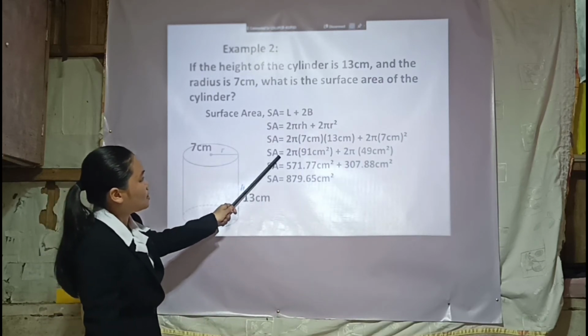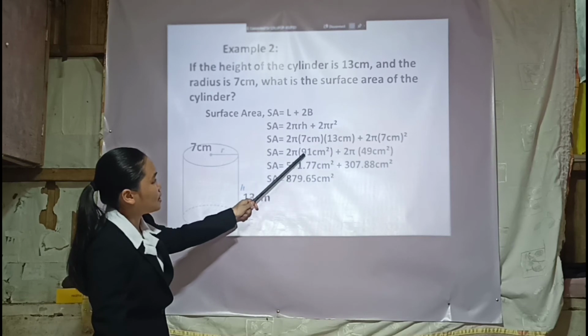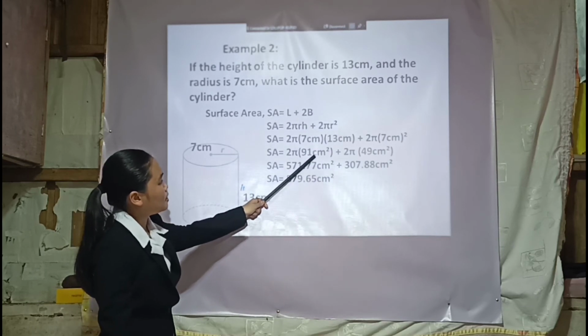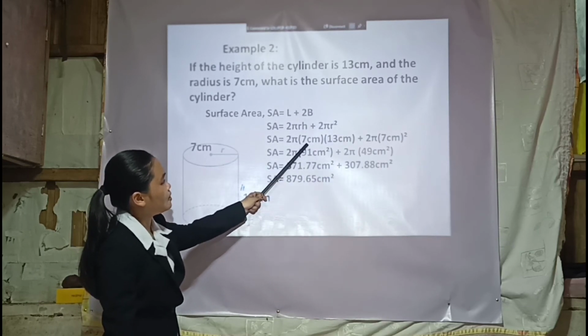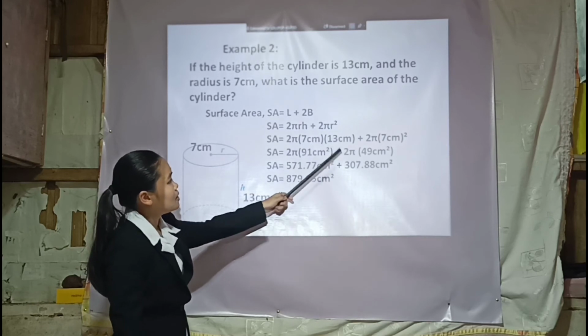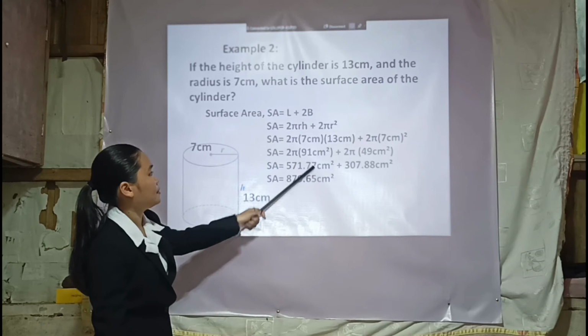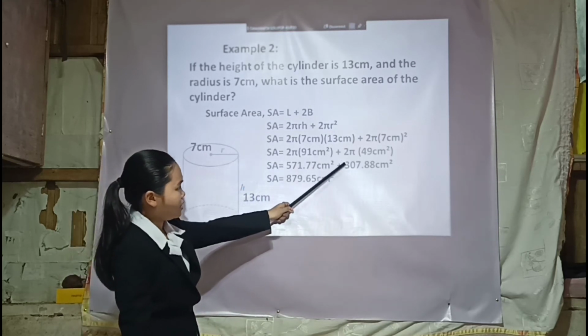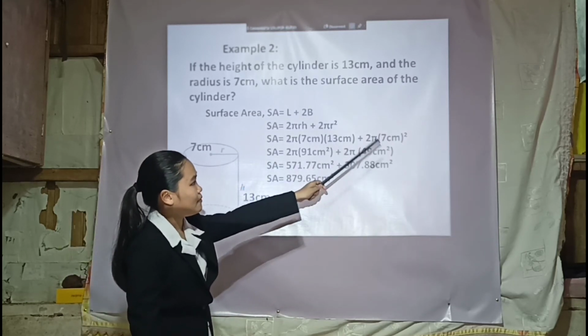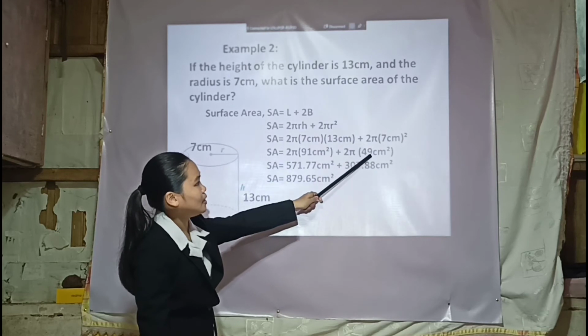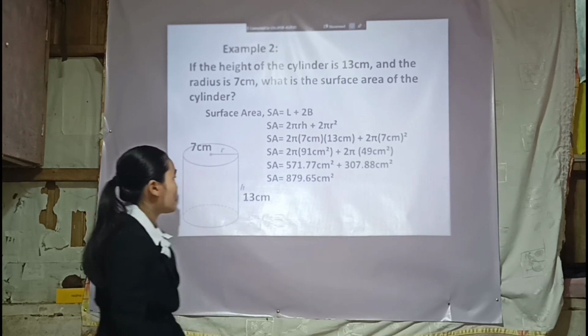Surface area equals 2 pi times 91 centimeters squared, because 7 centimeters times 13 centimeters equals 91 centimeters squared, plus 2 pi times 7 times 7 equals 49 centimeters squared.